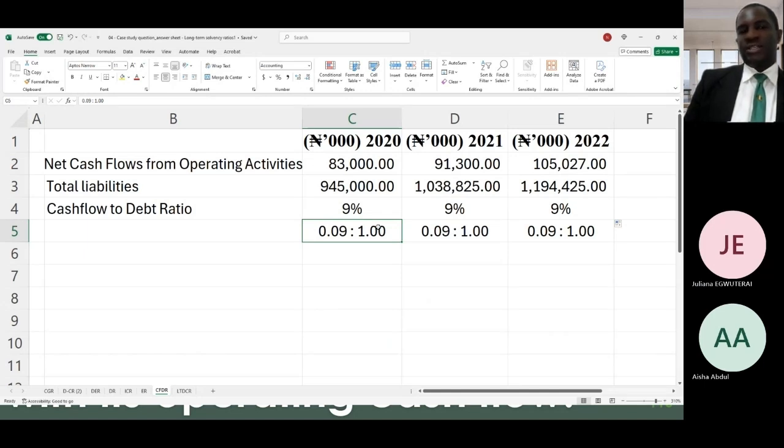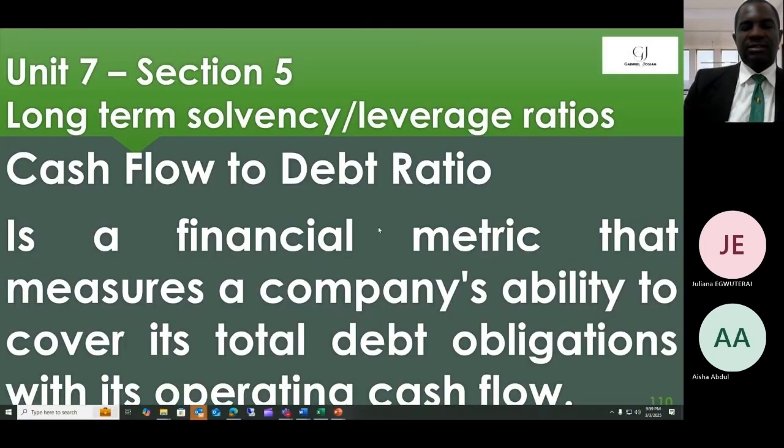It means that 9% of our cash flow is what we can pay off our debt with, and it's not possible. It's extremely low. So we are looking at cash flow from operations without any dilutions of non-cash movements. If we can pay off debt obligations, we can't. That's what this means.